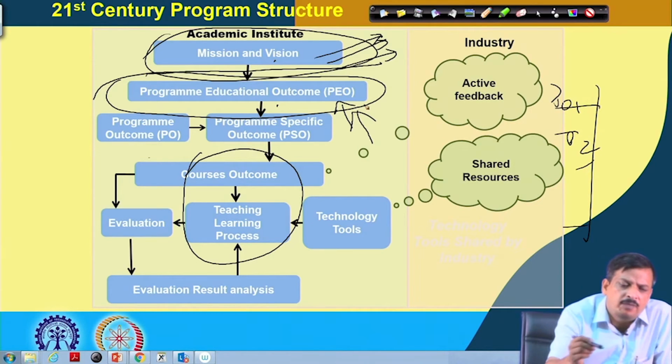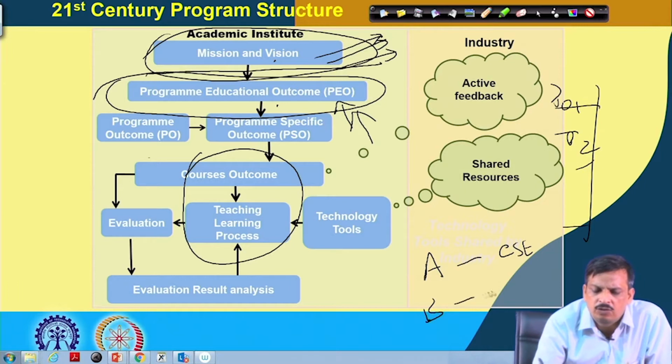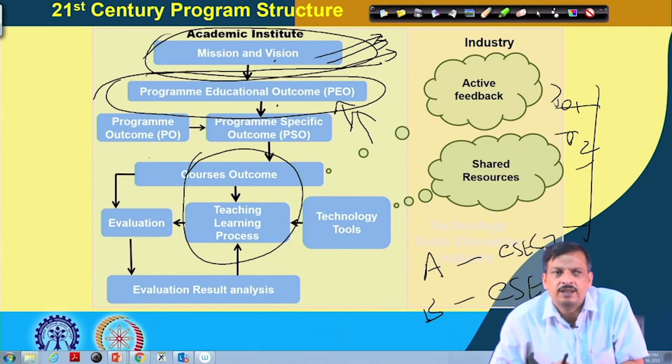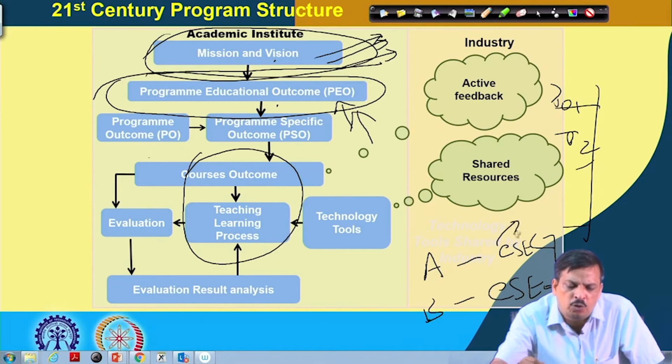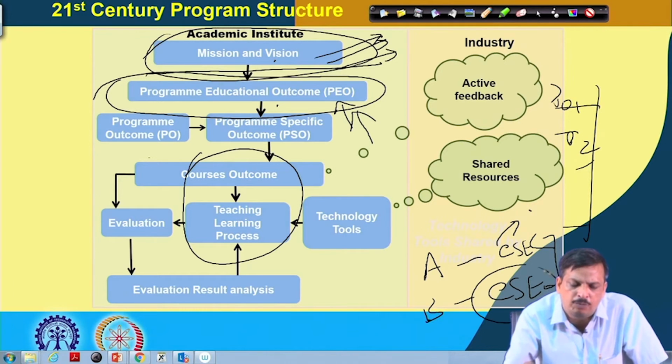So institute A program CSE and institute B program CSE are not the same, so their program educational outcomes are also not the same. Both are CSE, but their targets are different. This institute wants to produce high-end research engineers of computer science. This institute wants to produce engineers to supply local industry.